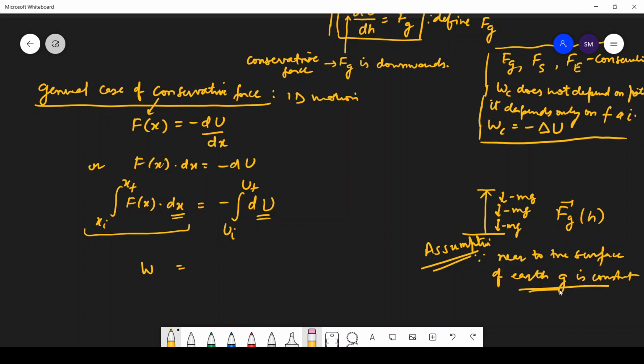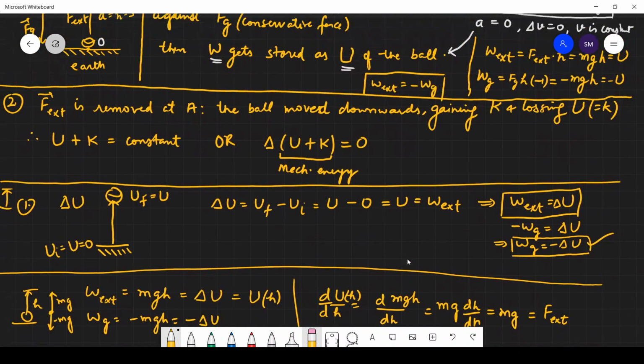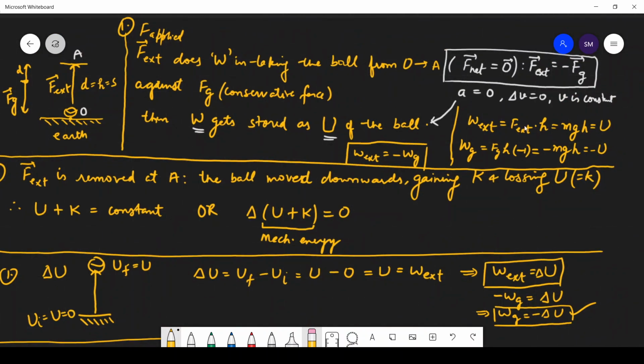It is almost constant. This is the condition I have specially taken for gravitational force. I am assuming the gravitational force as a constant force here, and that is why we have used the formula work done is equal to F dot S, no integration. This formula is for constant force, and that equals Fs cos theta.